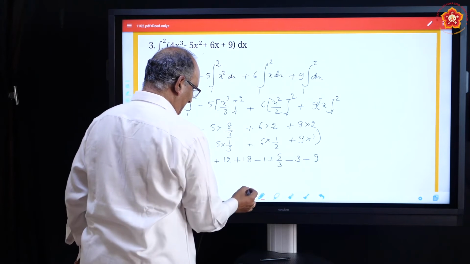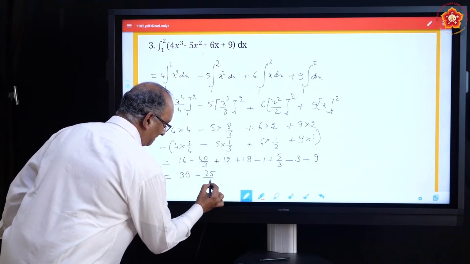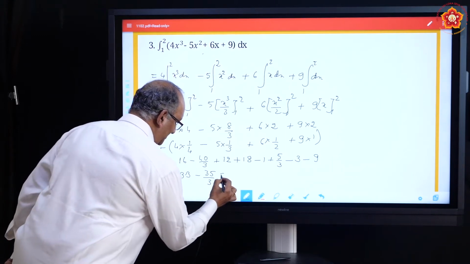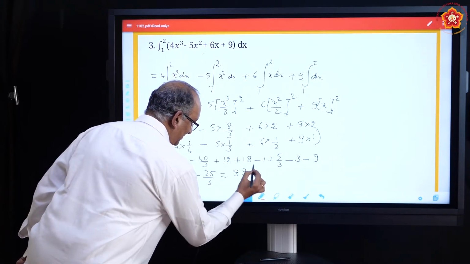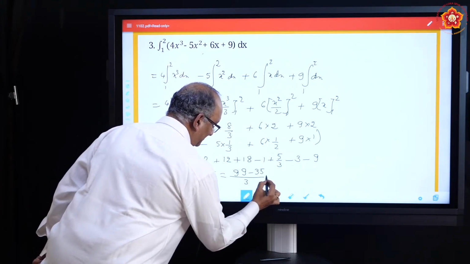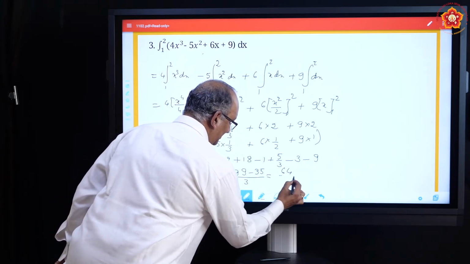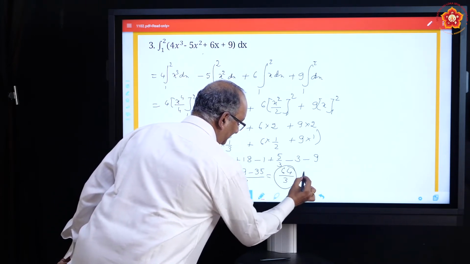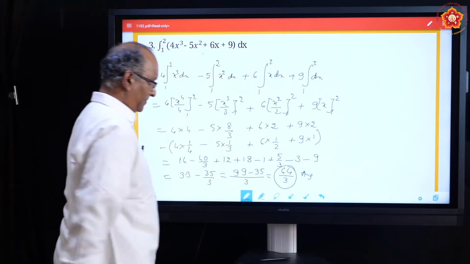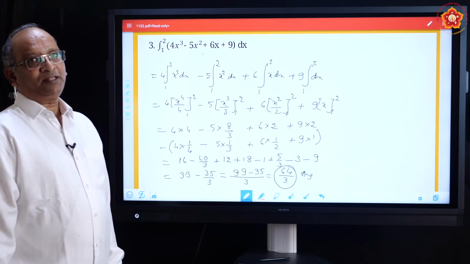Minus 40 by 3 plus 5 by 3 is minus 35 by 3. So this becomes 99 minus 35 by 3. 9 minus 5 is 4. 9 minus 3 is 6. So this is the answer. This is how we solve the problem.